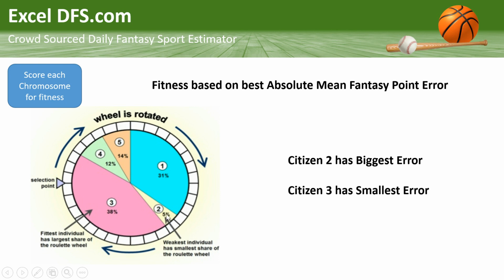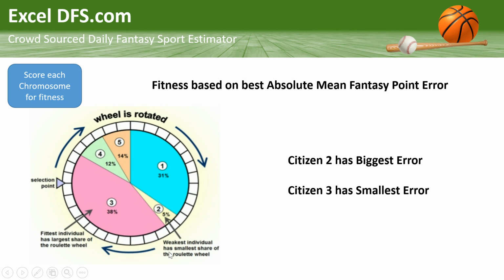It only gets 1.5 slots. In our actual practice, it's an integer number of slots, but I found this diagram somewhere, so I'm using it. Conversely, citizen 3 has a really small error, so it gets a big chunk of the slots.